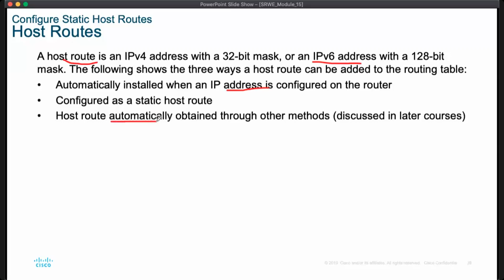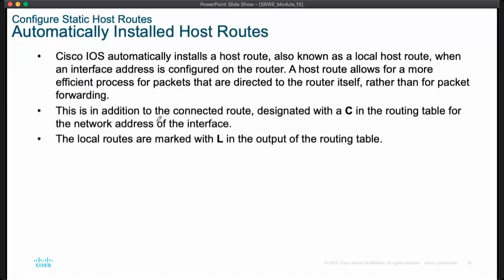Those other methods will be discussed in later courses. Automatically installed host routes: Cisco IOS automatically installs a host route, also known as a local host route, when an interface address is configured on the router.